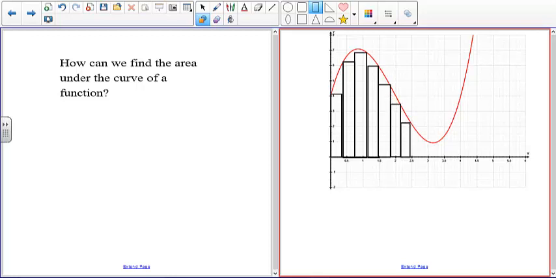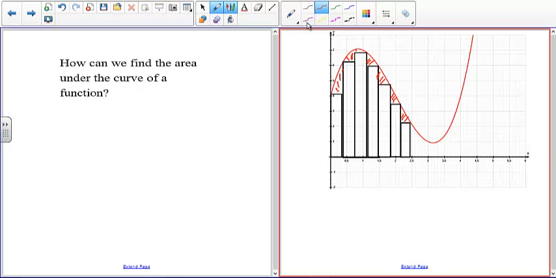So the amount that I underestimated is going to be these little bits right there. But you can imagine that if I make more rectangles, then these little areas are going to get smaller and smaller and smaller, and the approximation using rectangles is going to get closer to the exact solution underneath the curve.